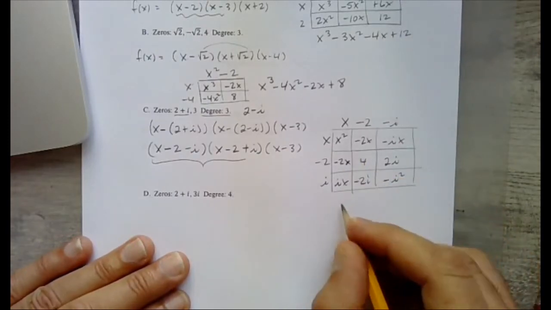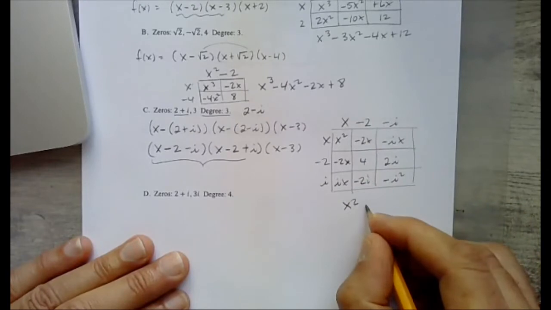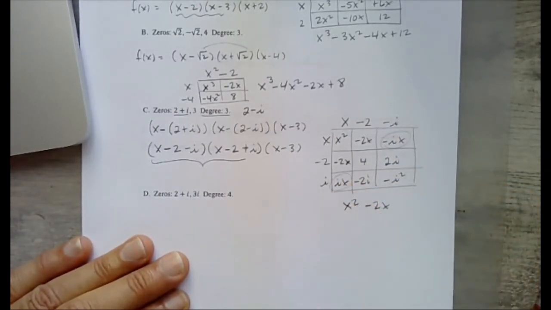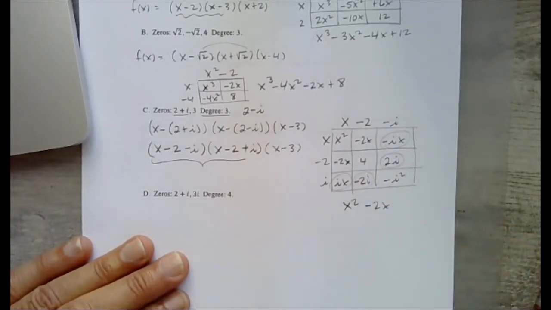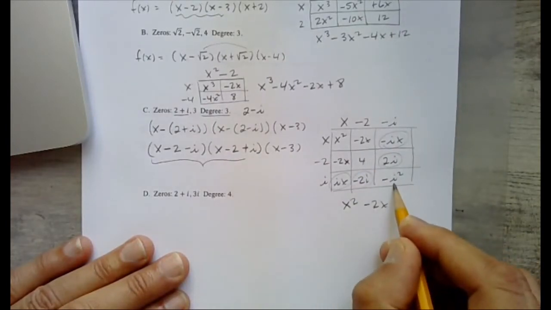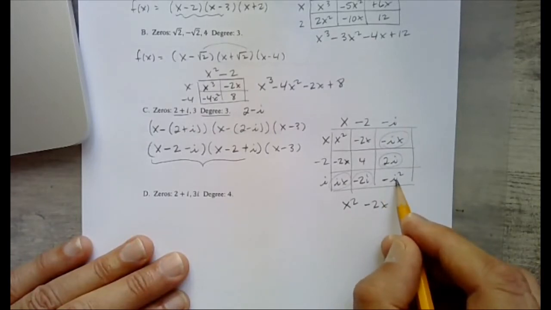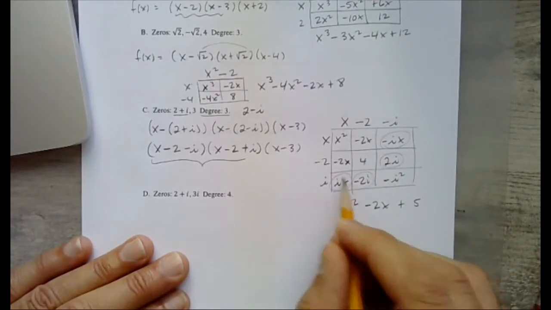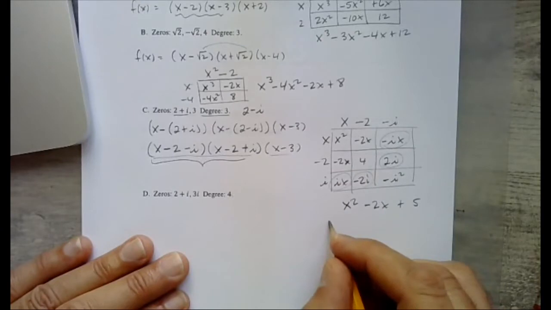Okay, so I've got an x squared. I've got a minus 2x. And then this and this are going to cancel. This and this will cancel. And I'm going to be left with 4 and negative i squared. Negative i squared is the same thing as negative negative 1, or plus 1, and then plus 4 is plus 5. Okay, so that's what I get when I multiply these two together, and then I'm going to multiply that by x minus 3.